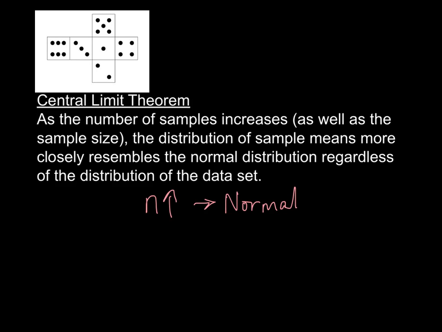So why is this important? This theorem holds regardless of the distribution of the data set. That means, for example, if I were to try and figure out the average number of text messages that the entire population sends out per day, I can make a reasonable guess by gathering groups of people, getting the average number of texts, and then repeating the process until I have a sufficient number of sample means of text messages.